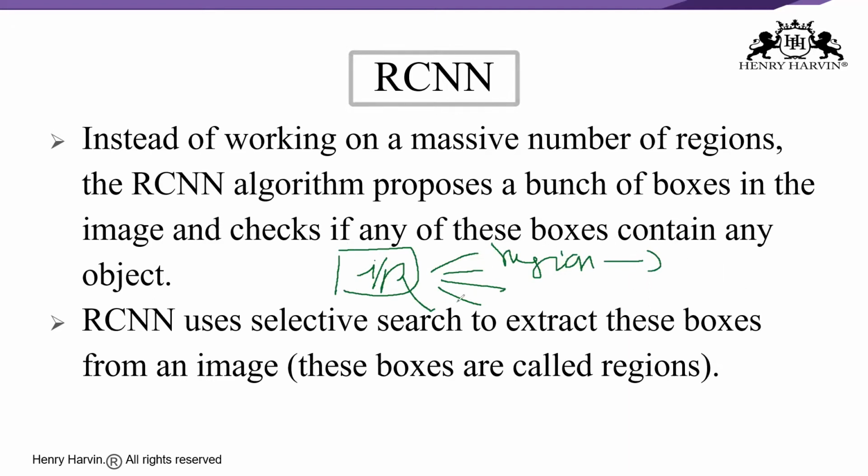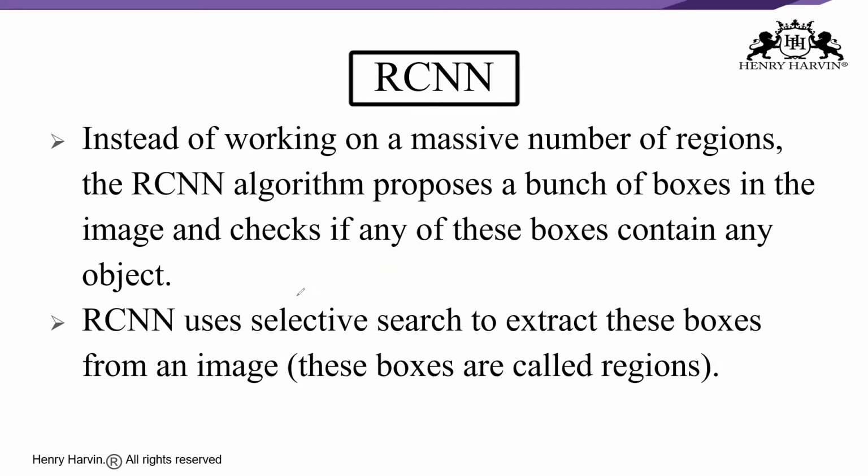Instead of working on different regions, this RCNN algorithm makes a bunch of boxes, and it checks whether these boxes contain a particular object or not. So it will identify whether the object is there or not. We call these boxes regions.